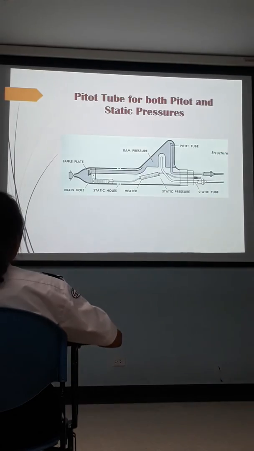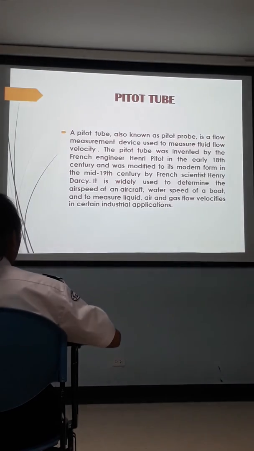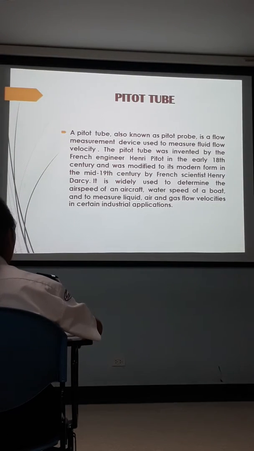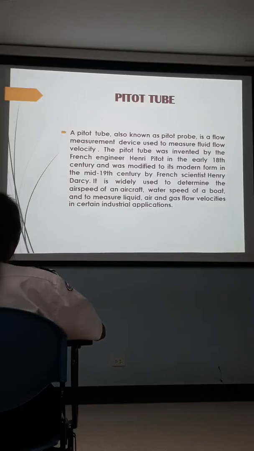Okay, let's talk about the pitot tube. The pitot tube, also known as a pitot probe, is a flow measurement device used to measure fluid flow velocity. The pitot tube was invented by French engineer Henri Pitot, that's why we named it after him, in the early 18th century, and was modified to its modern form in the mid-19th century by French scientist Henry Darcy.